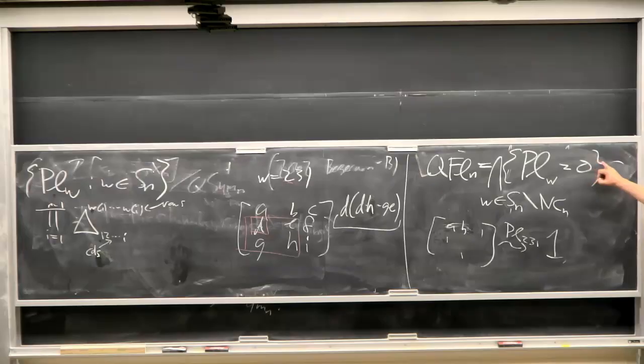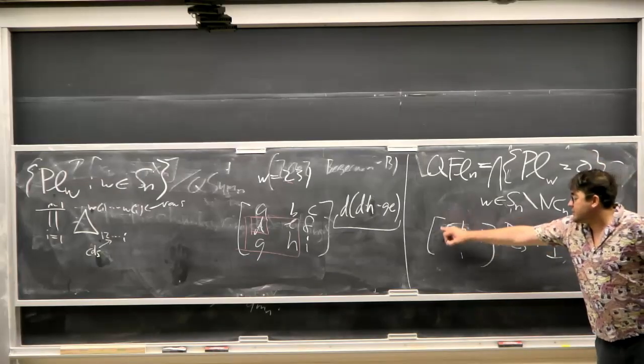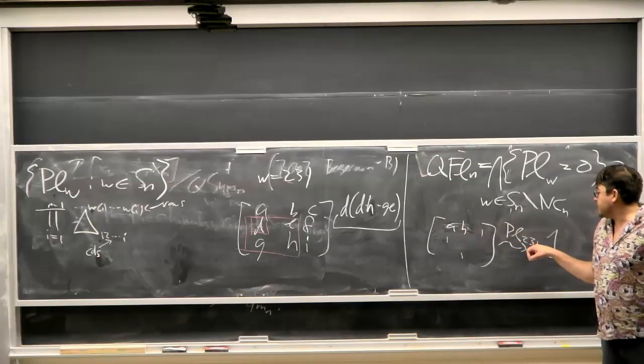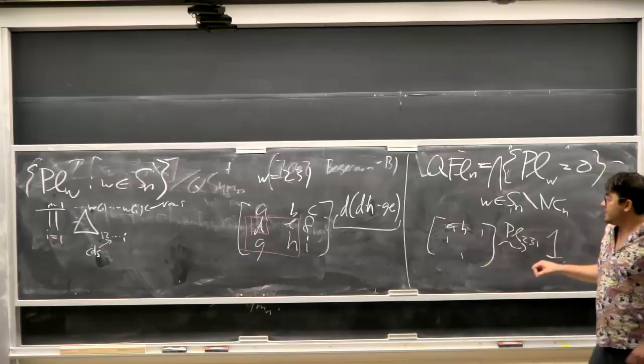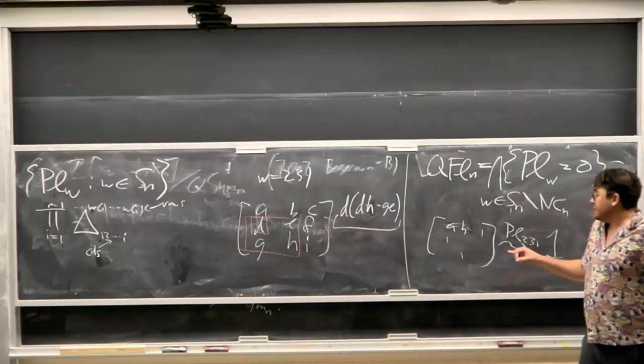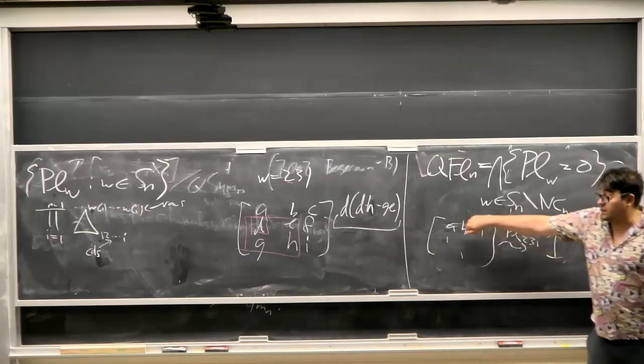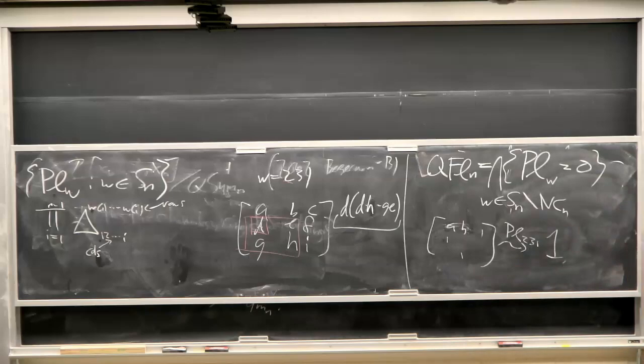So when you set this Plücker coordinate to 0, it's going to destroy the entirety of this chart associated to its index, because the subdeterminant it picks out is exactly going to be this permutation matrix, ignoring these A's and B's and whatever else. So when I take Q_FLM to be everywhere where this Plücker coordinate is 0, this 2, 3, 1 Plücker coordinate disappears.